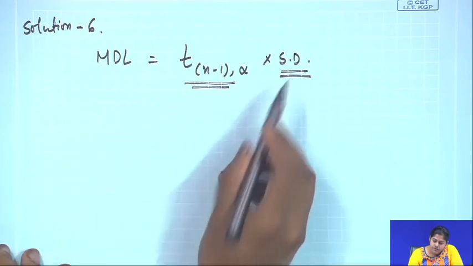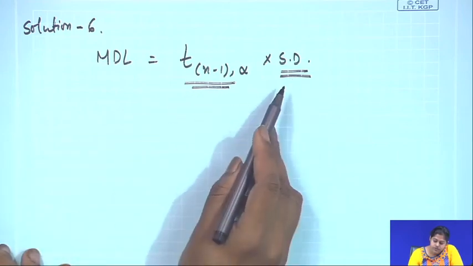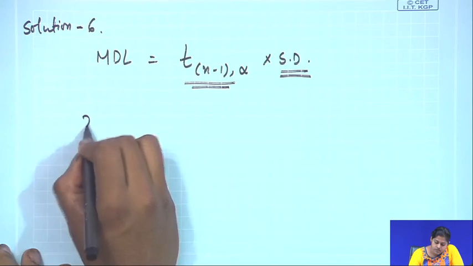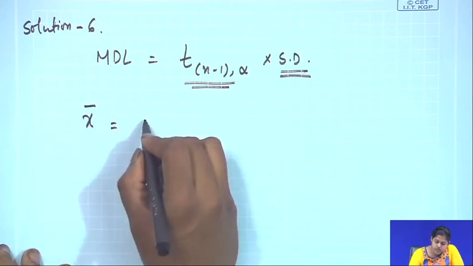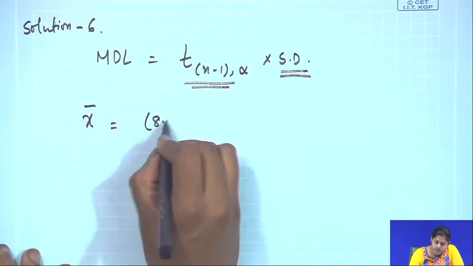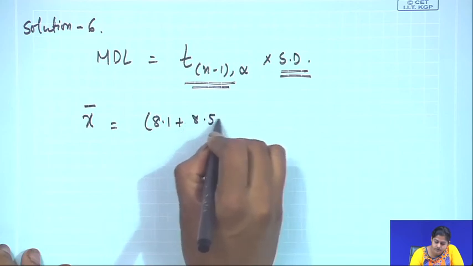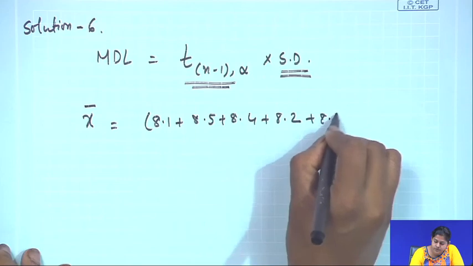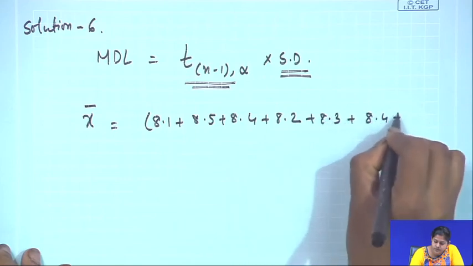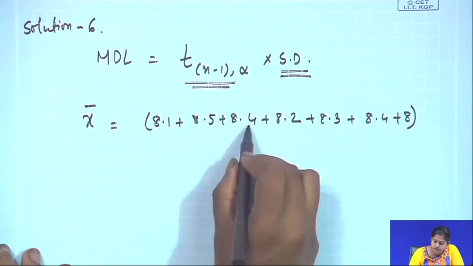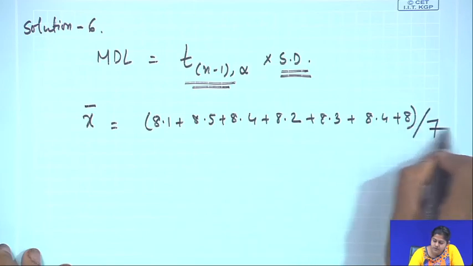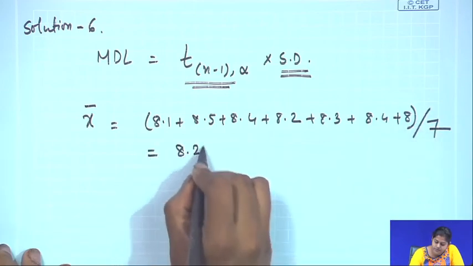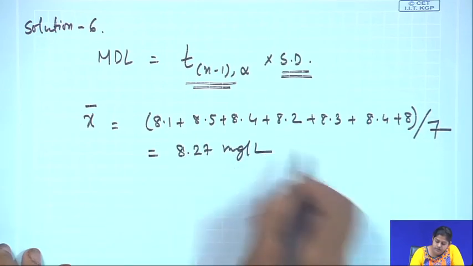For calculating standard deviation, we need the average value of all the concentrations. The mean value of the concentration will be 8.1 plus 8.5 plus 8.4 plus 8.2 plus 8.3 plus 8.4 plus 8. So, there are 1, 2, 3, 4, 5, 6, 7 values, and the average value will be 8.27 mg per liter.